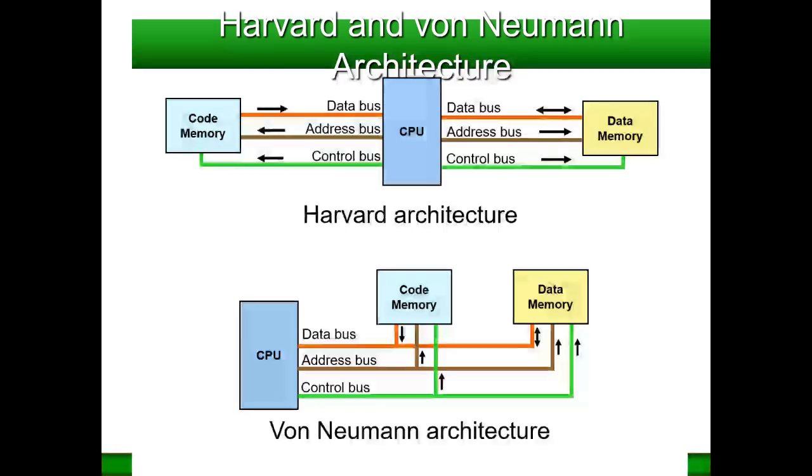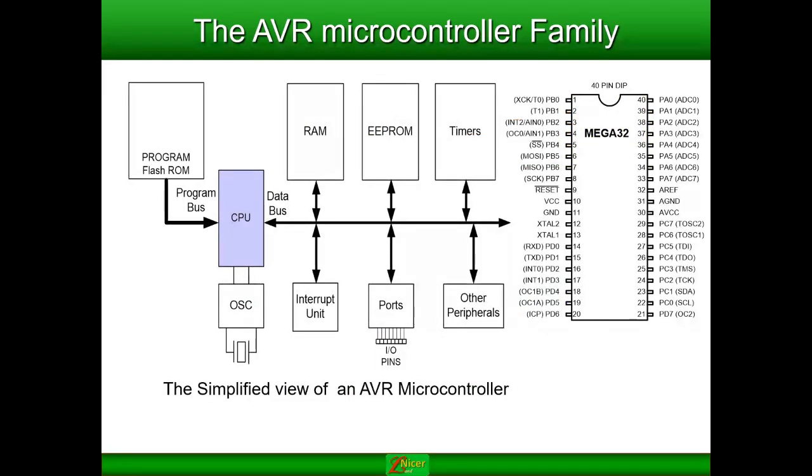So these are again the diagrams for Harvard architecture and von Neumann architecture. This is the AVR family. The Mega 32 chip belongs here. We have our program flash ROM, our CPU, and our oscillator, which is simply the clock of the CPU.